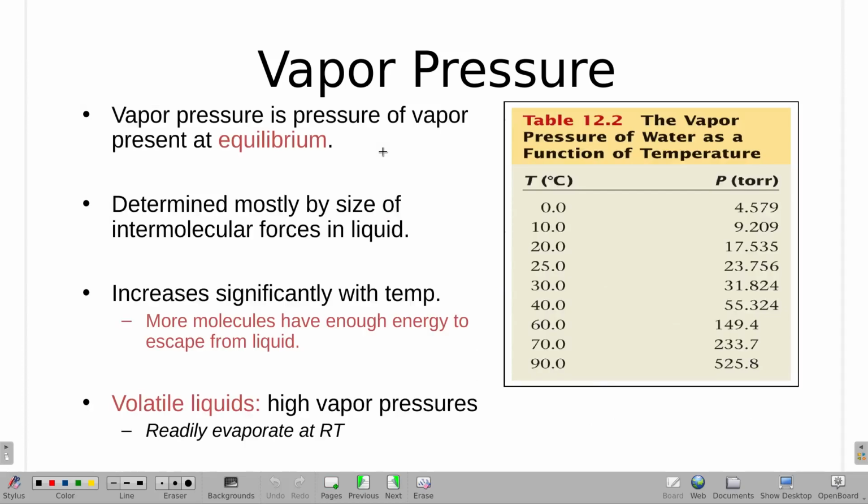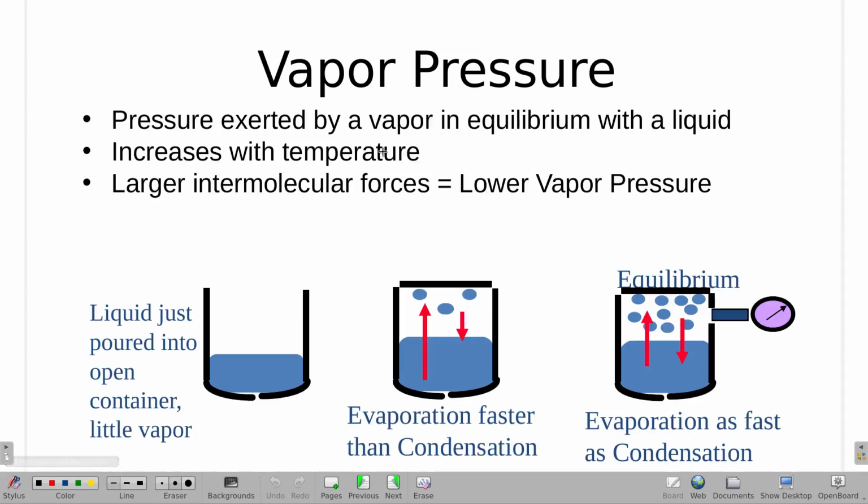Alright, so we can make a call based on those intermolecular forces, and this is talking about water here on this page. But what we also want to talk about is how it varies with temperature. So we're going to take that container, put a lid on it, and we're going to see that the evaporation and condensation gets to an equilibrium eventually, at a very particular pressure. Now you can see this even on a bottle of water.